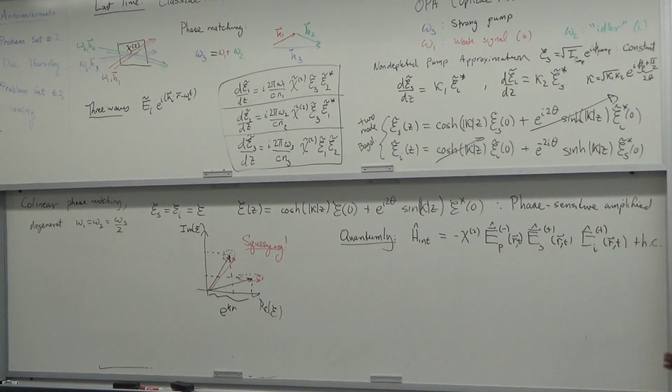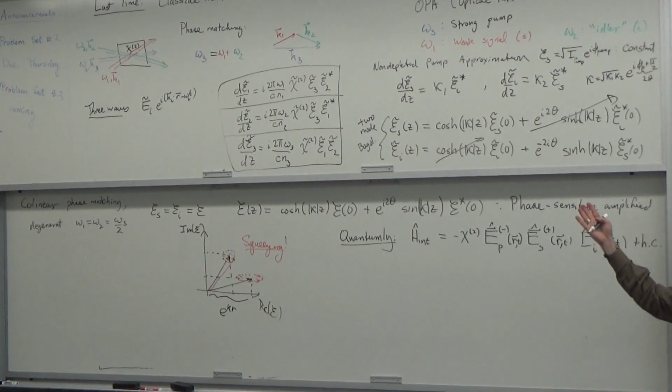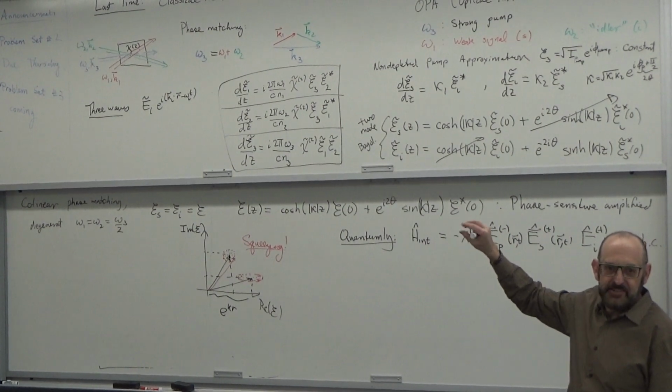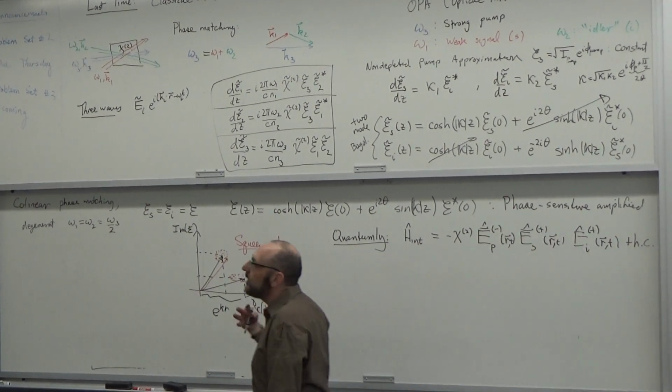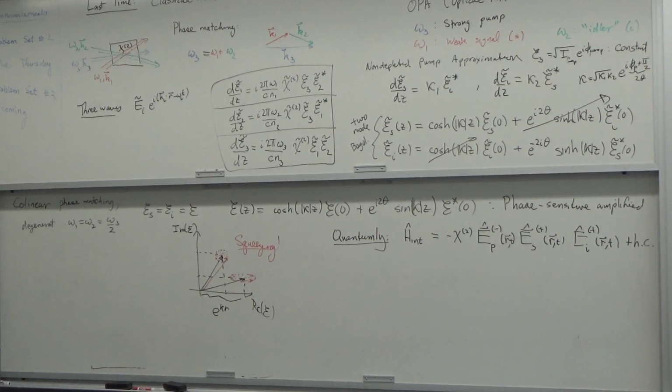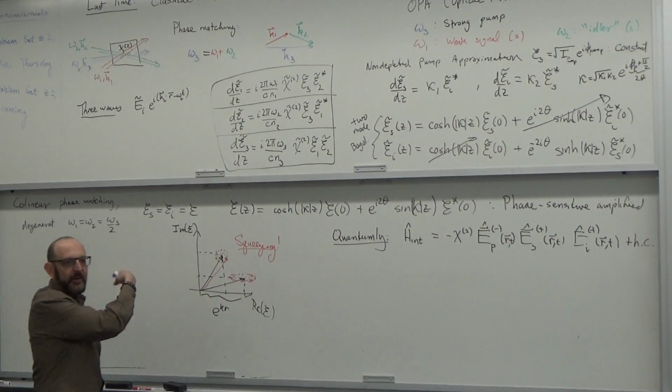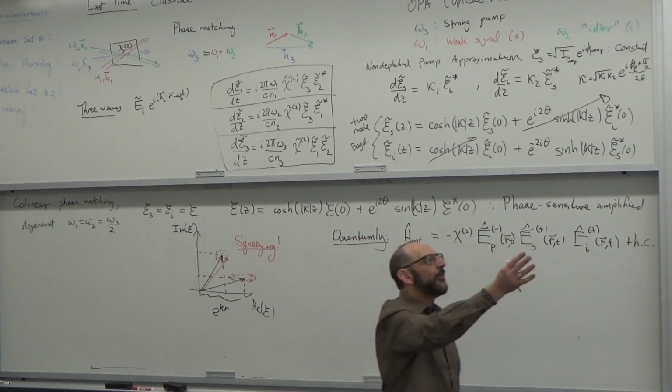So what have I done here? Well, I've written down my Hamiltonian as minus the polarization density dotted into the electric field. And I'm saying I'm only going to keep the phase-matched terms because they're the only ones that are going to survive the scattering matrix.